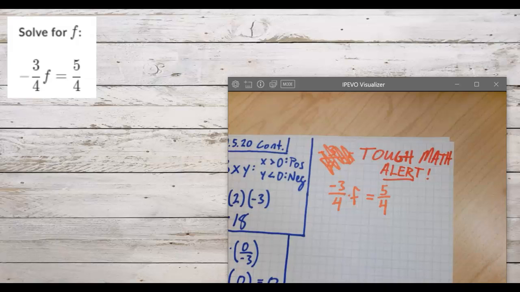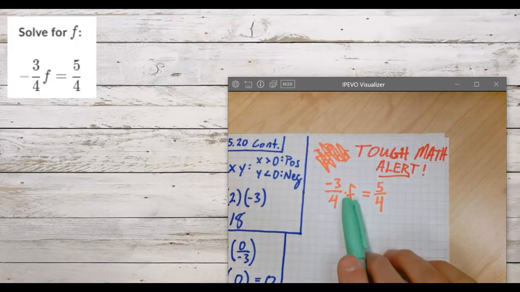The rules we've been talking about is if we have multiplication, do division to get rid of it or to undo it. But the issue here is that division by a fraction is the same as multiplication by the reciprocal.